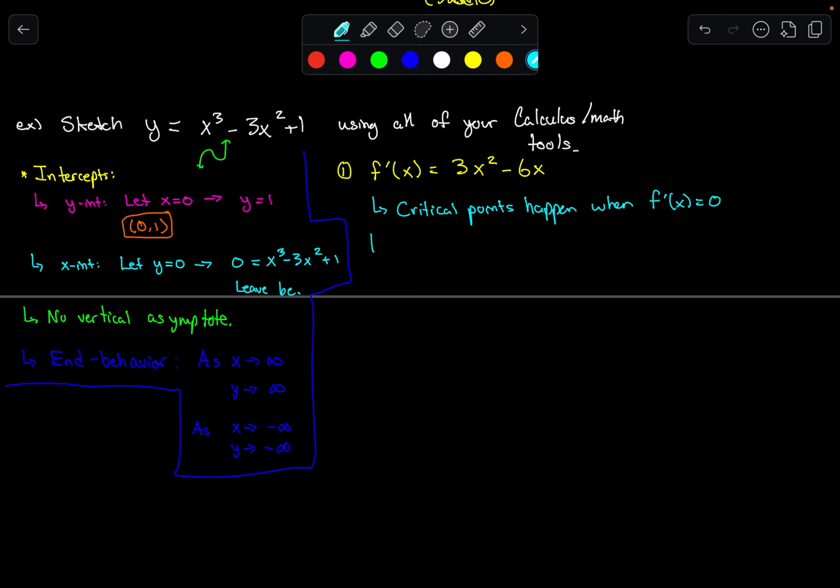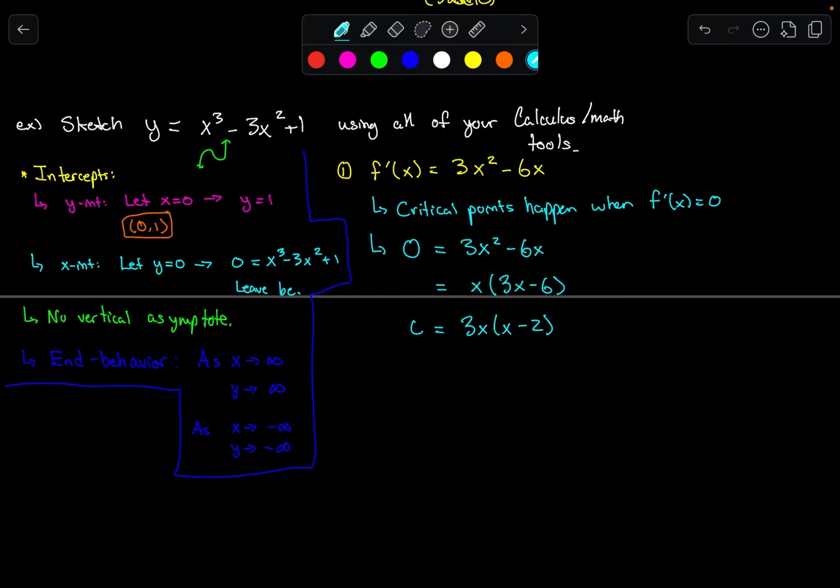So if we take that equation and set it equal to 0, we get 0 equals 3x squared minus 6x. From here, we can factor the right side and get that x multiplied by 3x minus 6 is how this factors. We could pull out a 3 if we want: 3x times x minus 2.